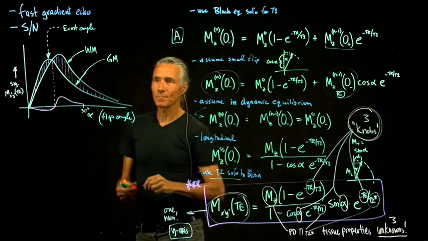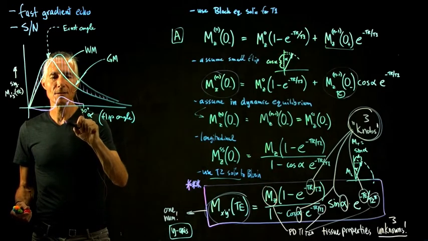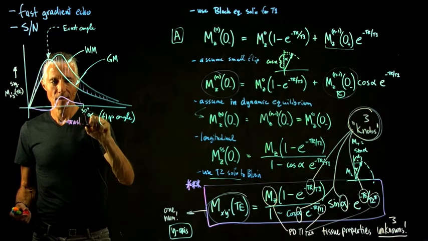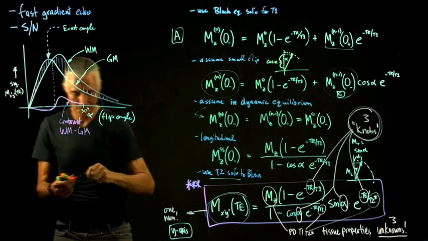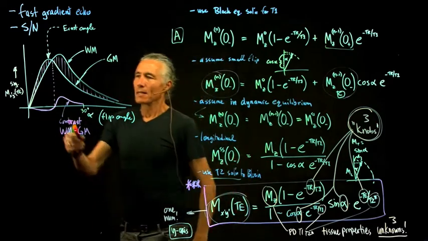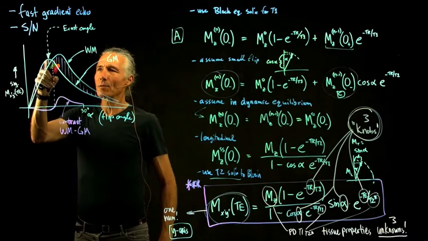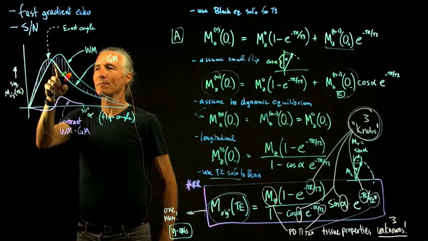So this is the contrast, which is what we're really interested in: white matter minus gray matter. The Ernst angle will tell us what the biggest signal is, but what we want is the difference between these two.